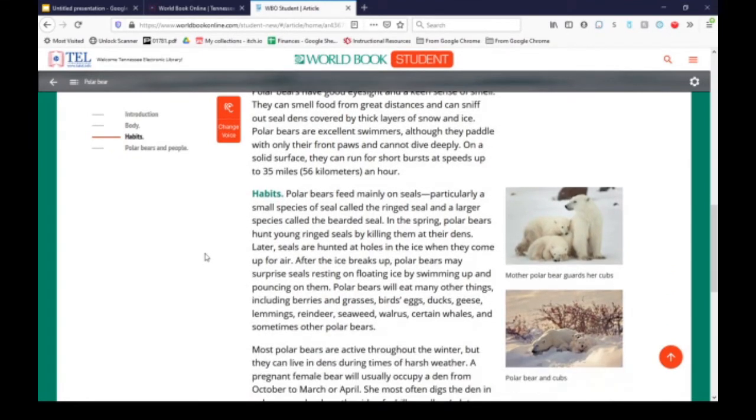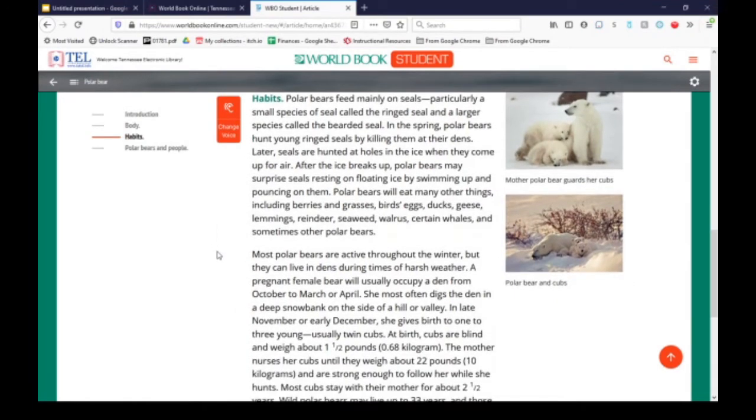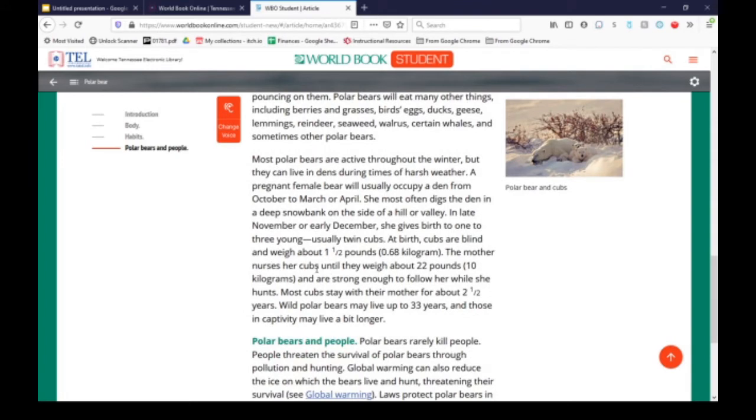Okay, cool. Habits. So, what do polar bears do? They eat seals. All right. They are active throughout the winter, which, if any of you remember hibernation, you know is very different from a lot of bears, like black bears and brown bears, who are not active through the winter. So, neat.